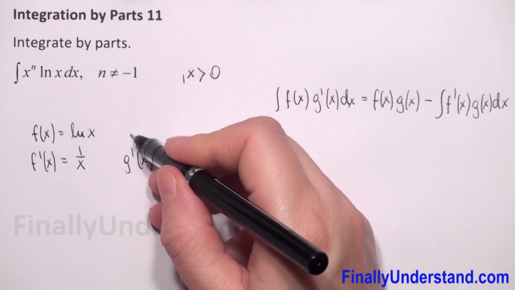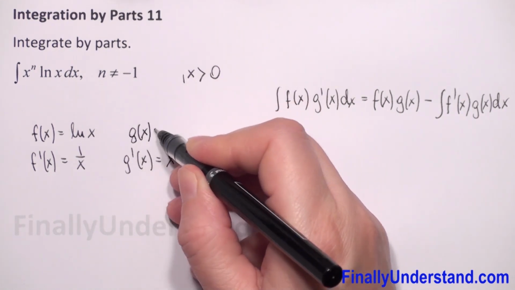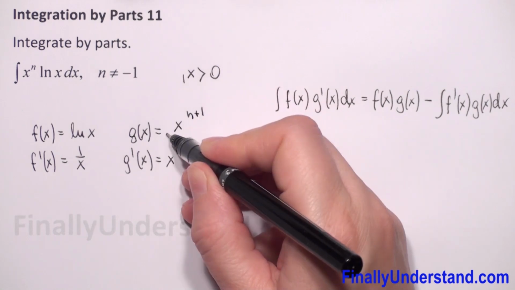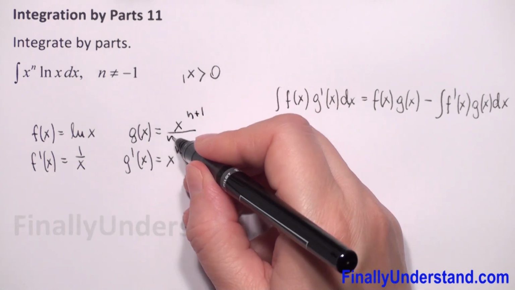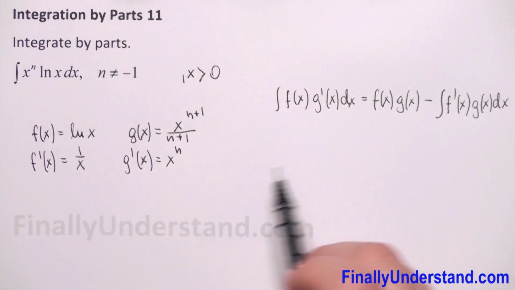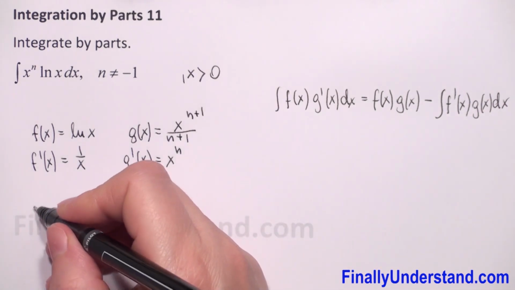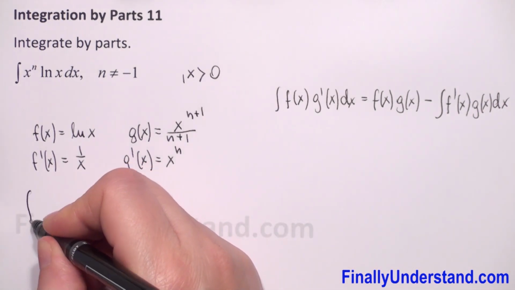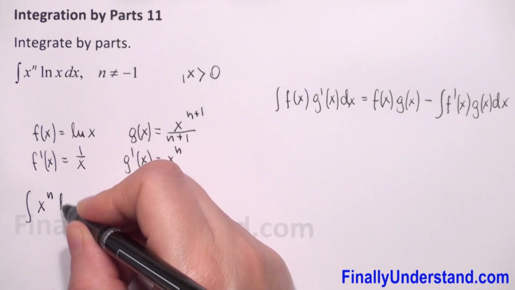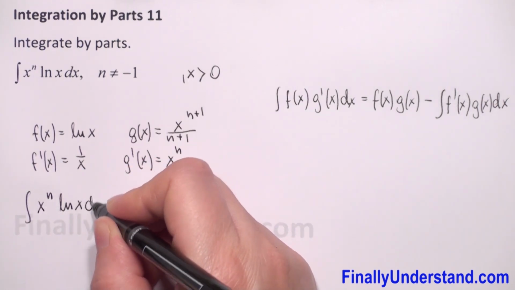So the antiderivative will be equal to x to power n plus 1 over n plus 1. So now we have to just use this formula. Let me rewrite our example. We have integral of x to power n times natural logarithm of x with respect to x.